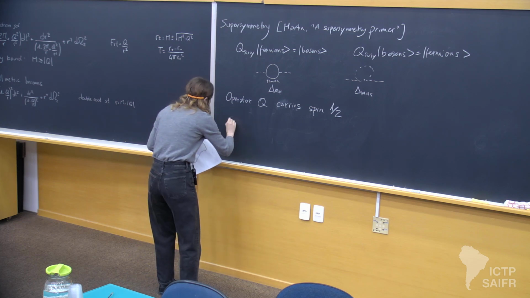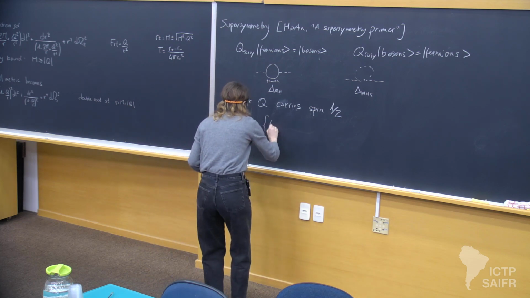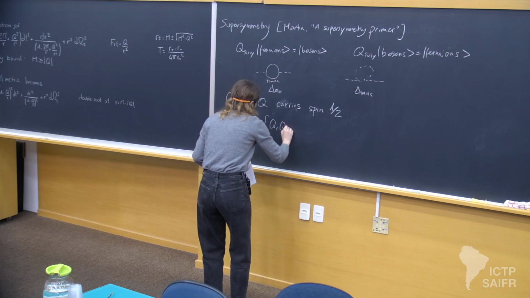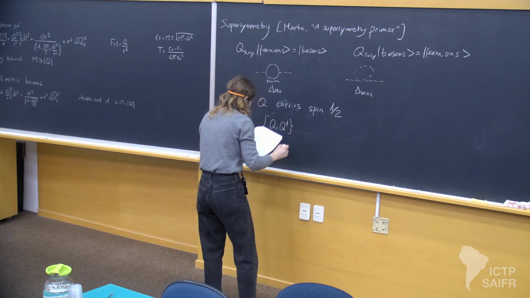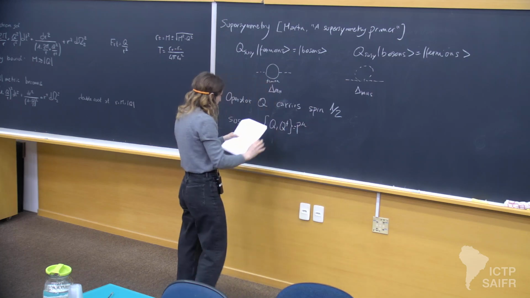And the supersymmetry algebra that one works with has this form here. The supersymmetry algebra is highly constrained by known theorems, but schematically it has this form.